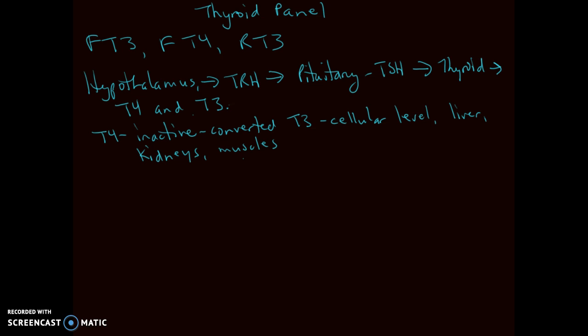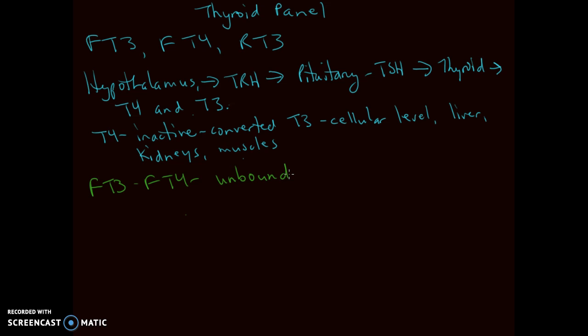So, what is free T3 and free T4? Well, these are unbound hormones. So what happens when the thyroid releases T4 and T3? They bind to a carrier protein, which carries these hormones to the cells where they will be used.